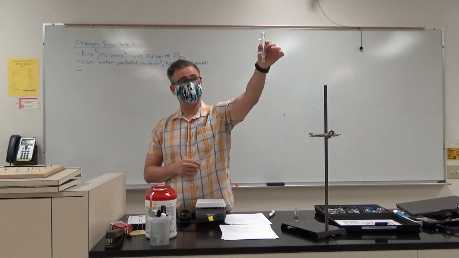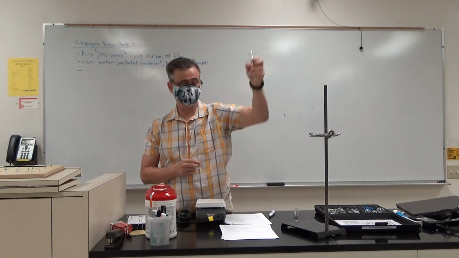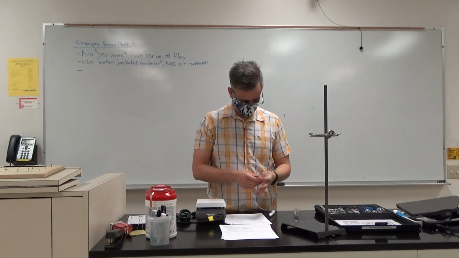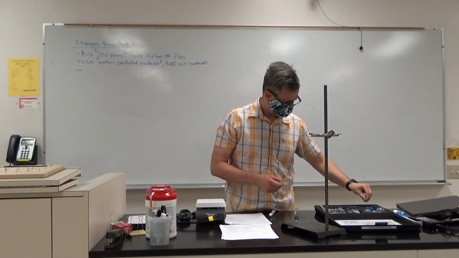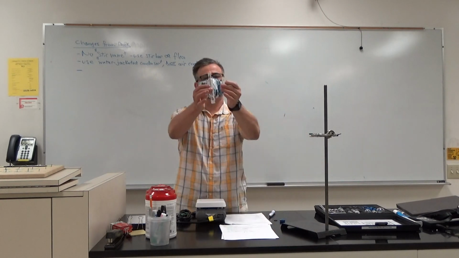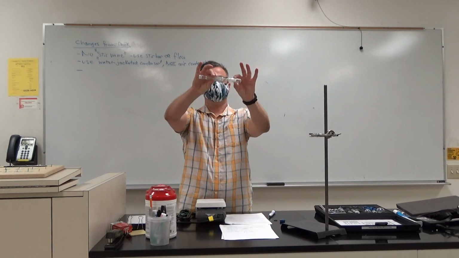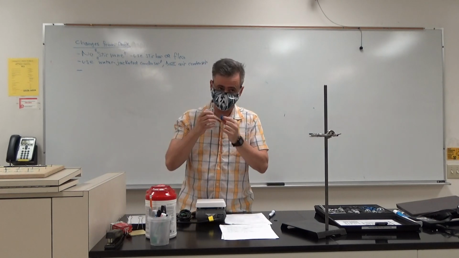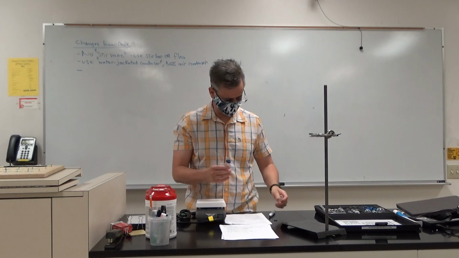This is the water jacketed condenser. Now, these make joints. They come together, and these blue nuts are what tighten up the connection. Critical thing. Will save you from having to redo an experiment.